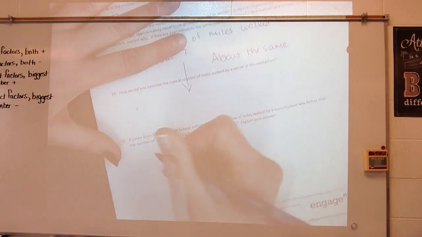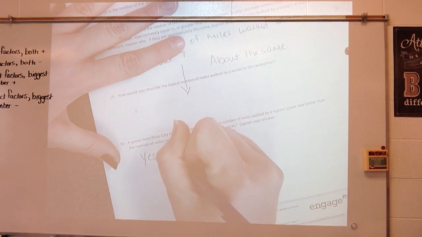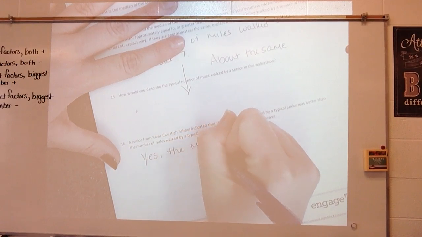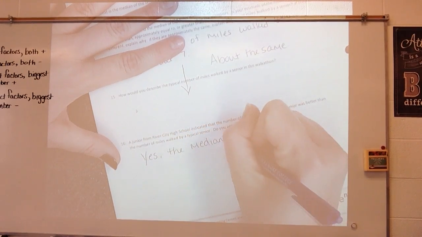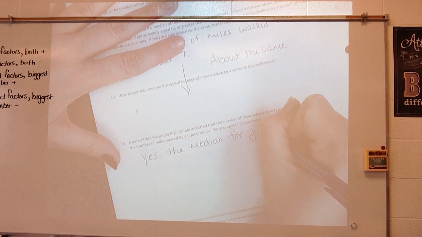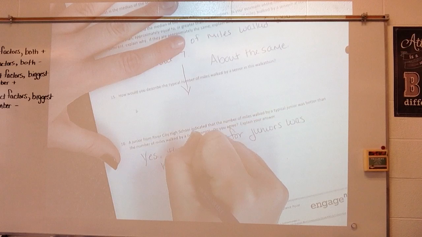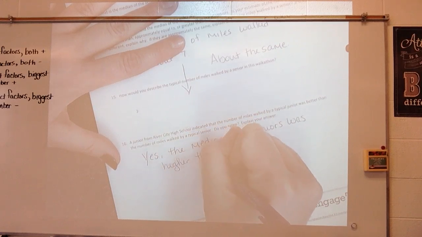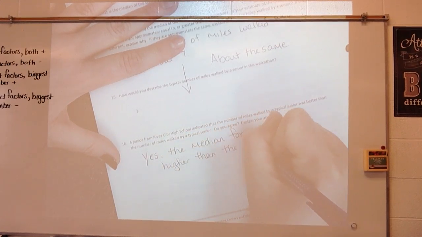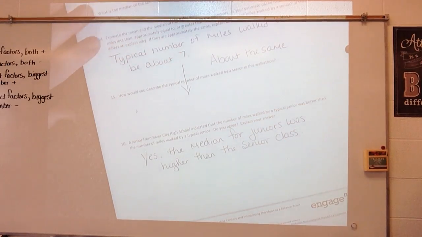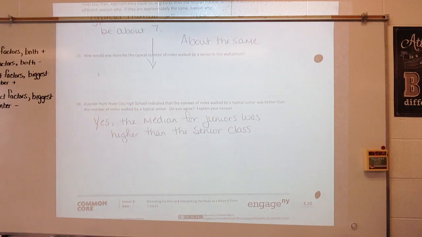So the median for juniors was higher than the senior class.